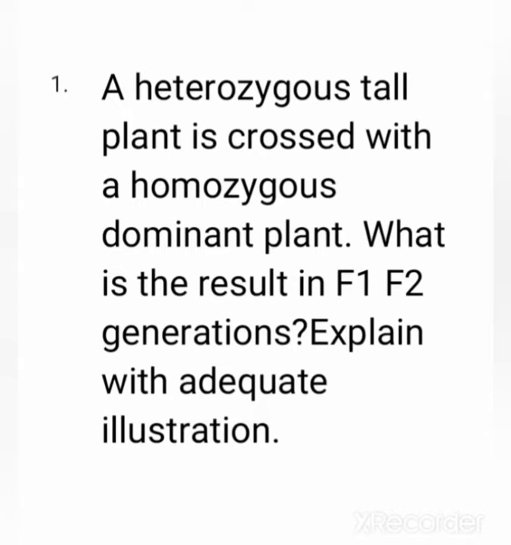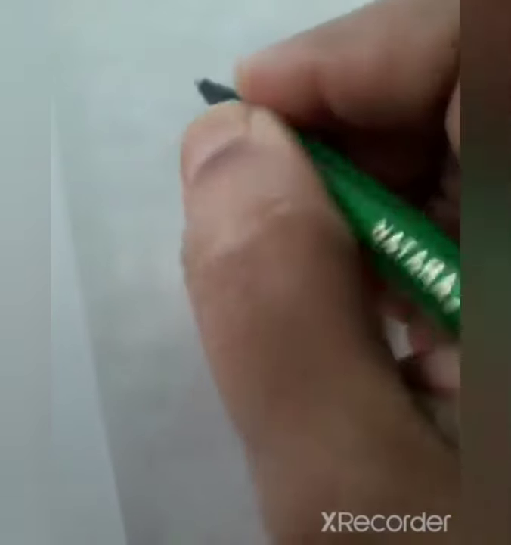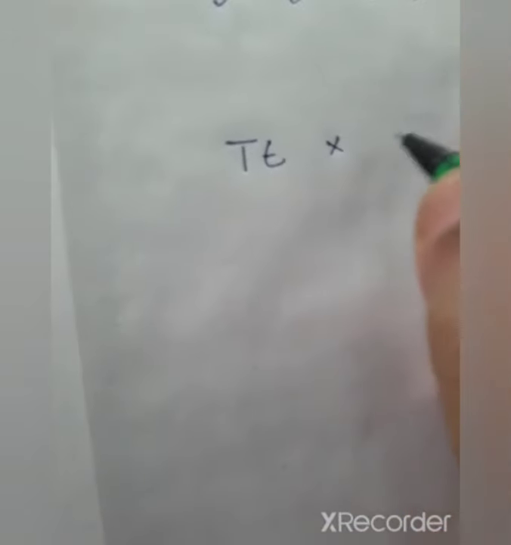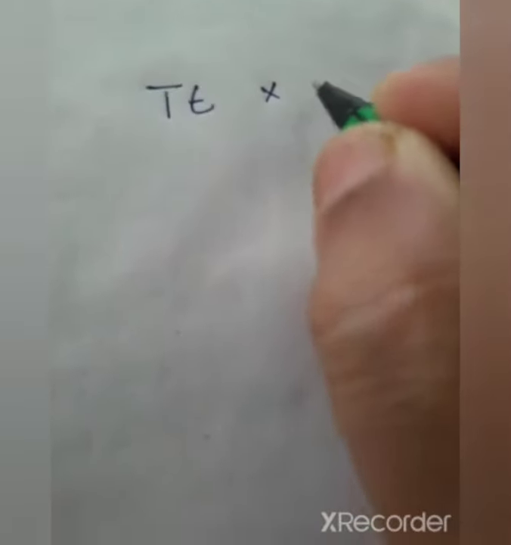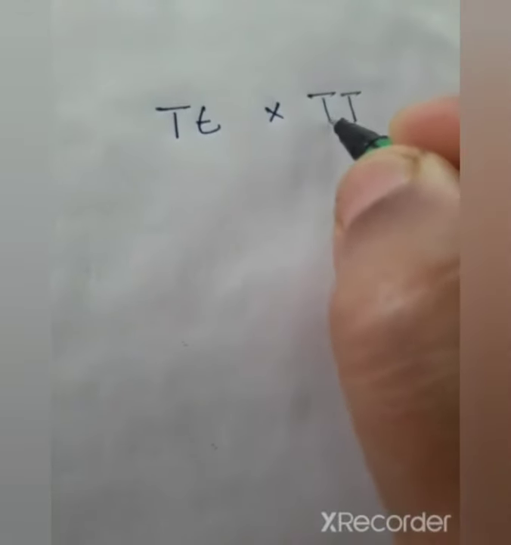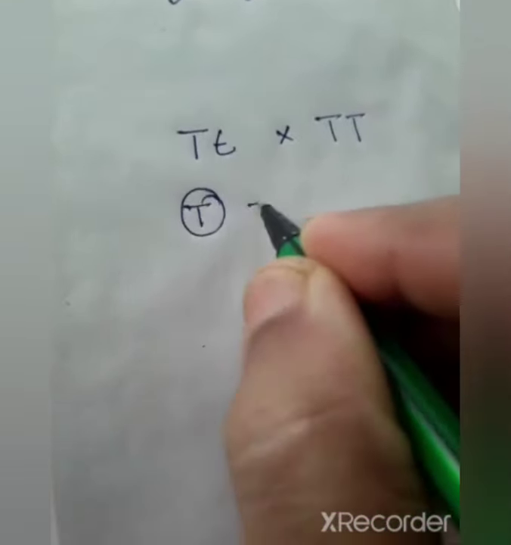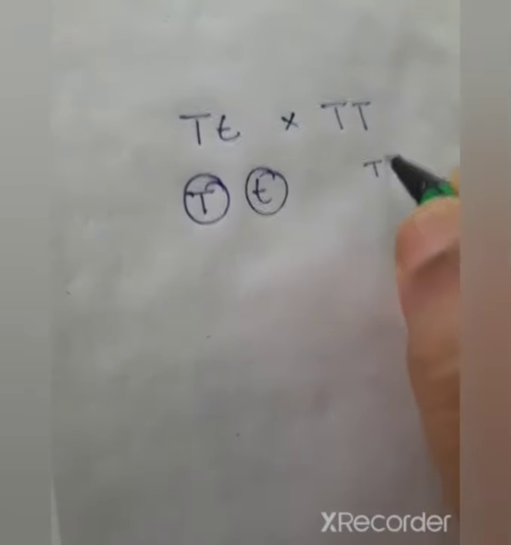In this case, the parents are a heterozygous tall plant, capital T and small t, crossed with a homozygous dominant plant, capital T, capital T. During gamete formation, this side capital T and small t, this side only capital T.